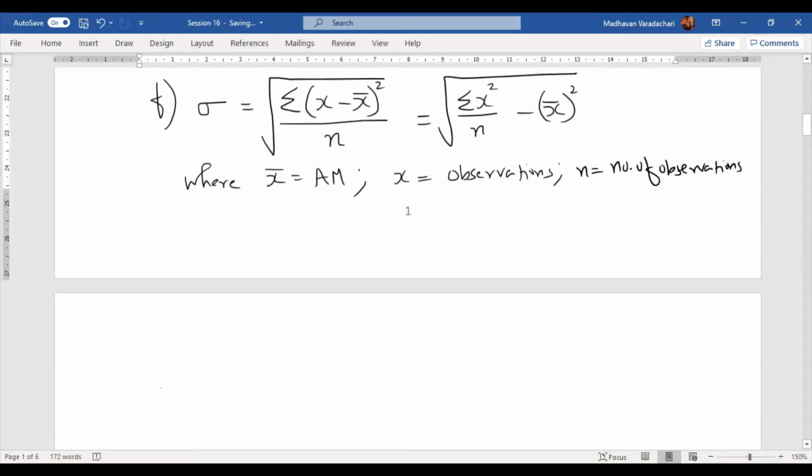I can write the above is applicable for non-frequency distribution. When the data do not have any frequency involved in it, you use this formula.